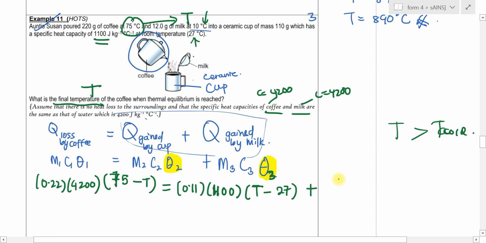How much milk? 12 gram is put in, so 0.012 kg. And then the specific capacity of the milk is 4,200. Theta is T minus 10 degrees Celsius. Maybe the milk was taken from the fridge. Okay.